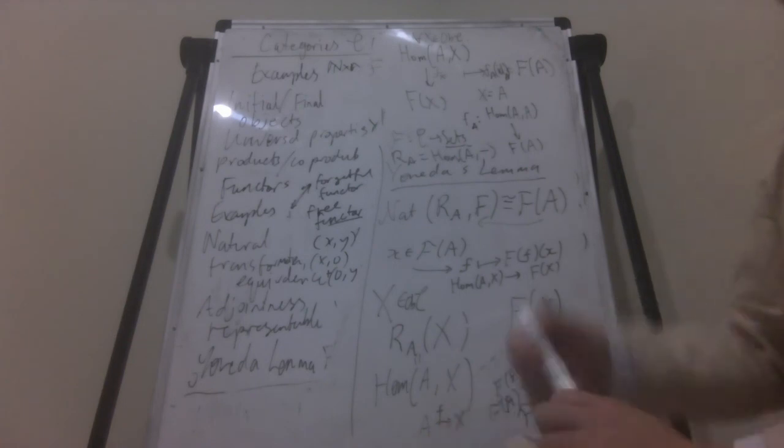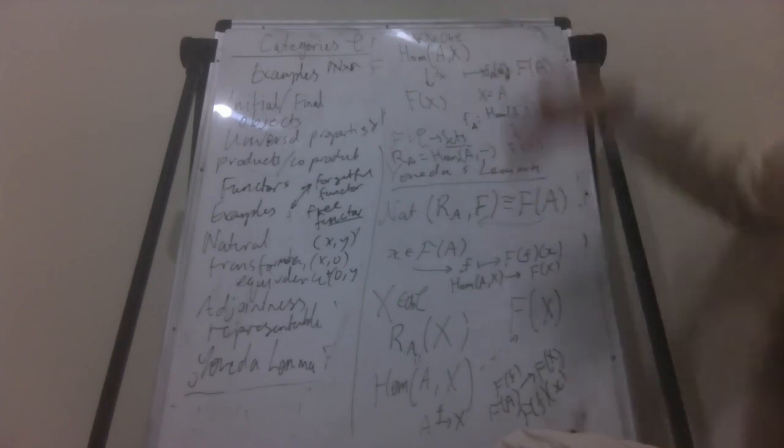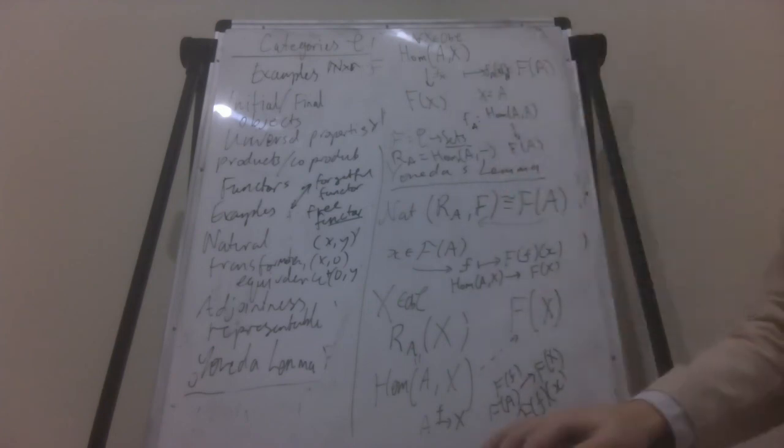So that shows what the correspondence has to be. You just have to show that going one way and the other way gets you back to each other.